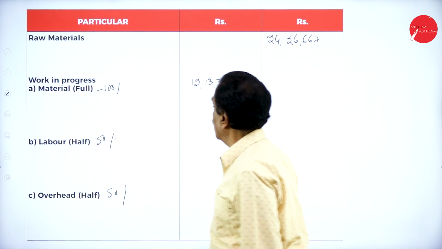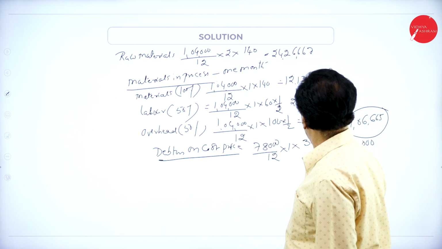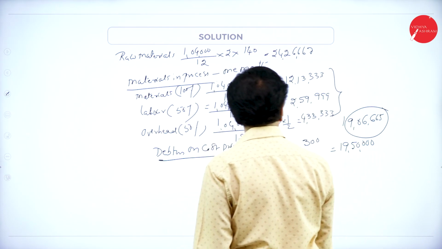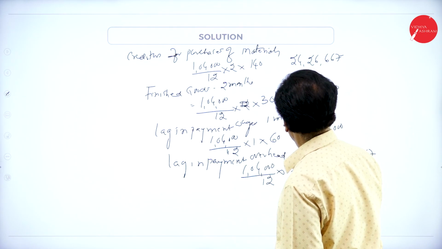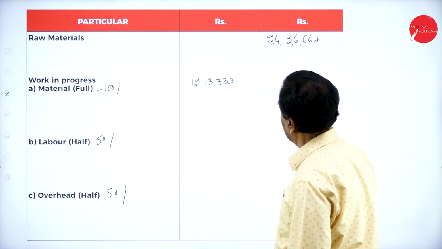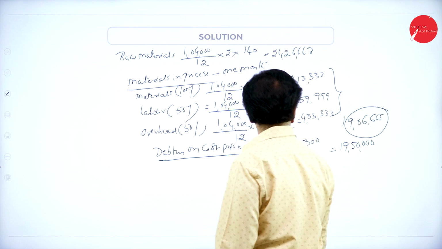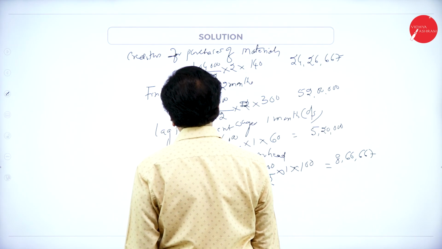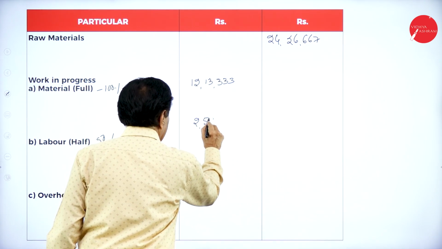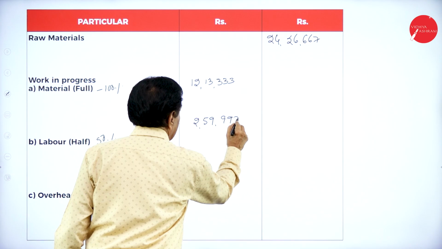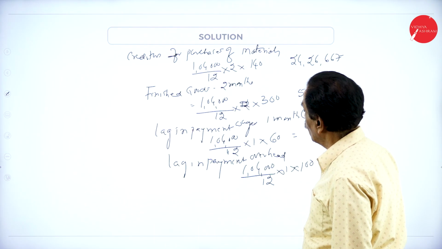Then come back to labor. 2,59,000 material 12,13,333 labor 2,59,999, almost 2,60,000.